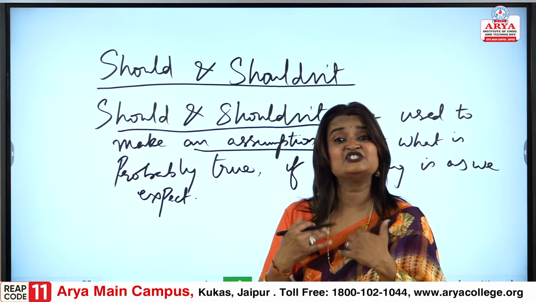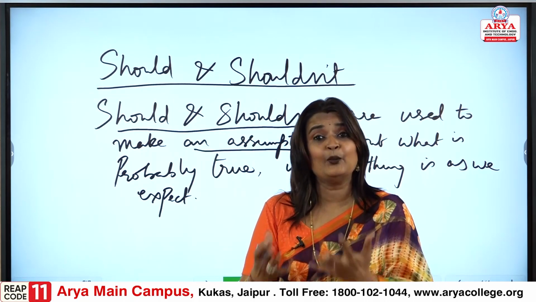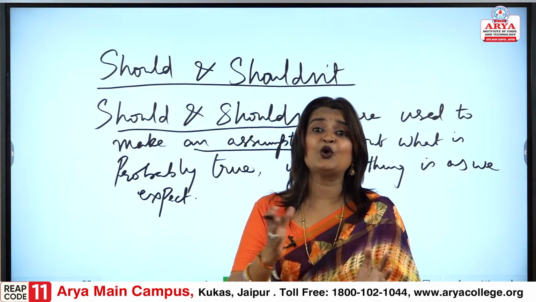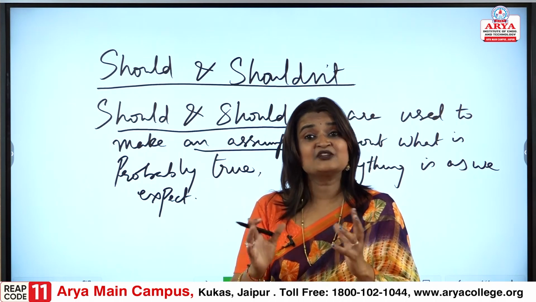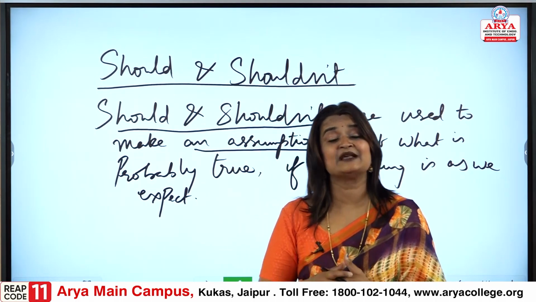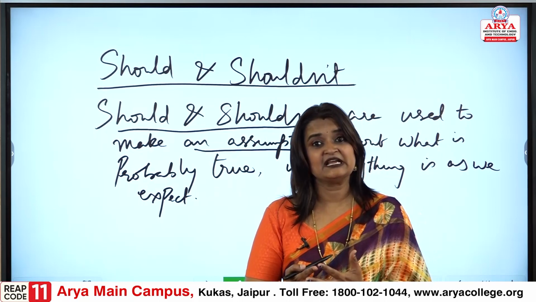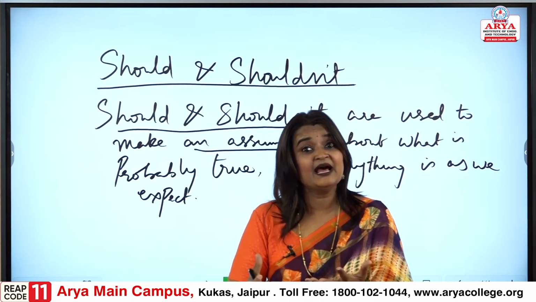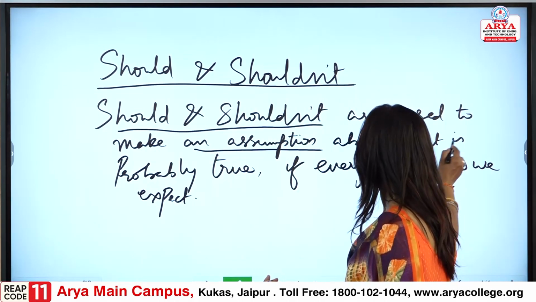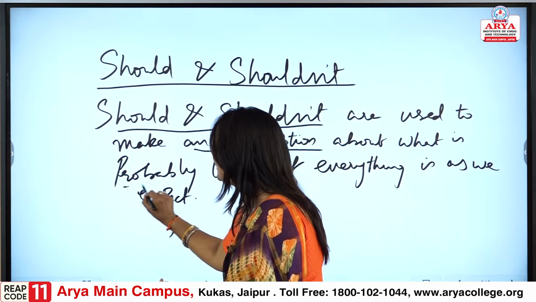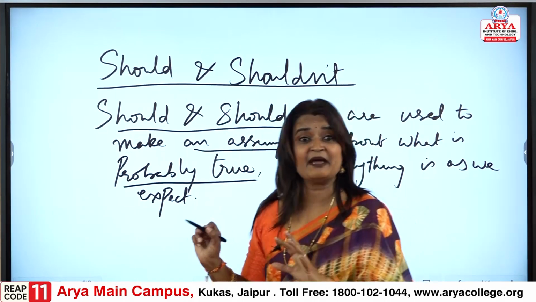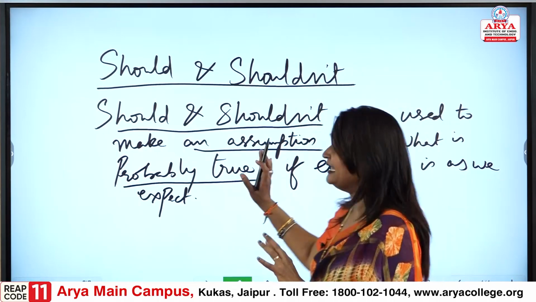That which we are assuming, we are thinking, we do not know whether it is true or not. It is only that we are assuming it, it is our assumption, it is what we think. Fine. About what is probably true. Again let us remember about what is probably true.